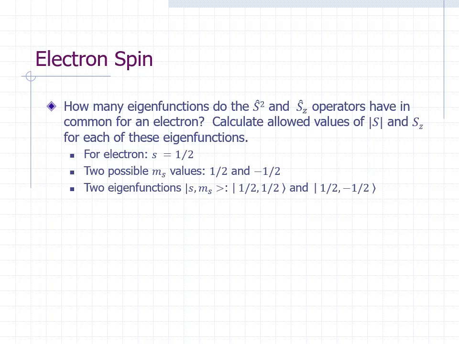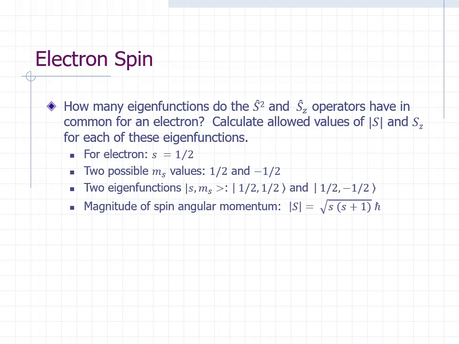Now, the square of the magnitude of the spin angular momentum is given by s times s plus 1 times h bar squared. So, the magnitude is the square root of s times s plus 1 times h bar. Substituting 1/2 for s, we find the magnitude to be square root of 3/4 times h bar. Note that this is the magnitude of the spin angular momentum for any electron.